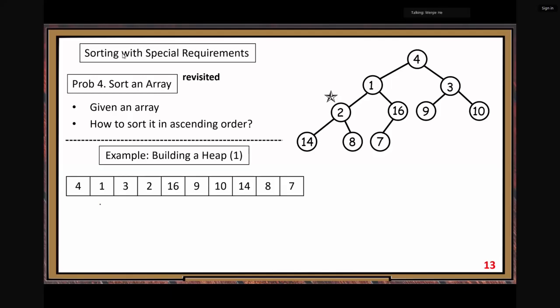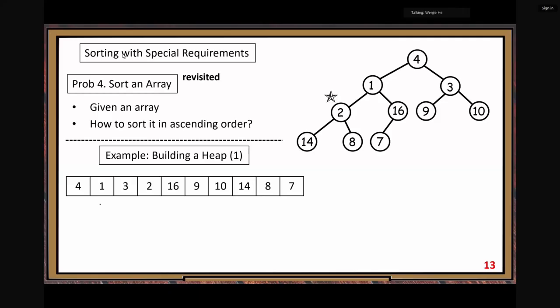Now, let me show you the process. When you look at this question, you need to look at it in a global way, not a local way. Locally, you have the max heap property.